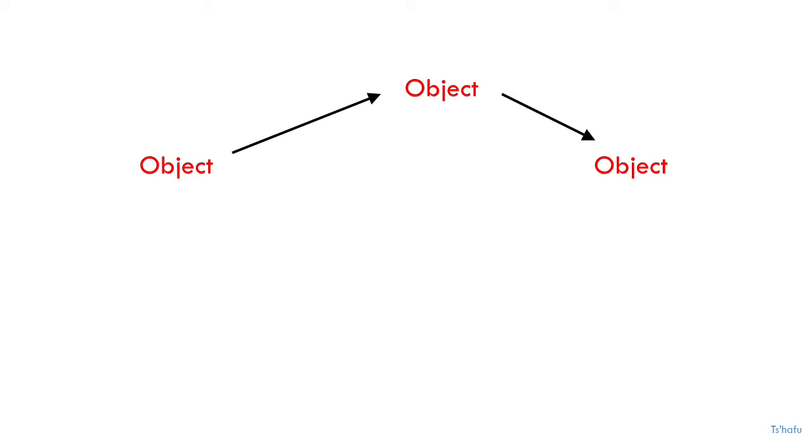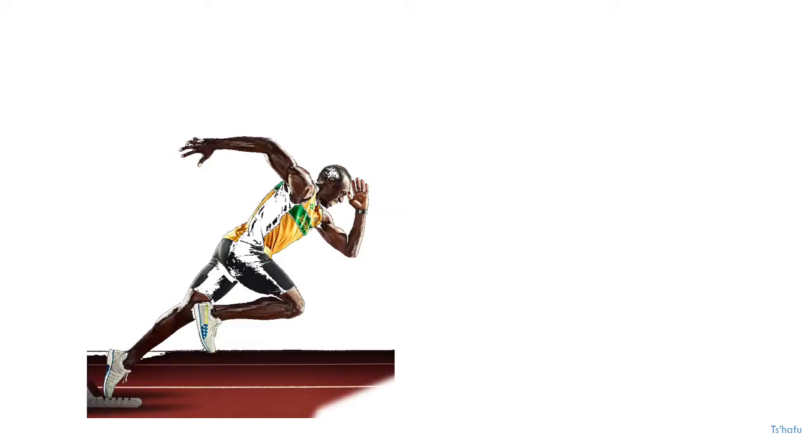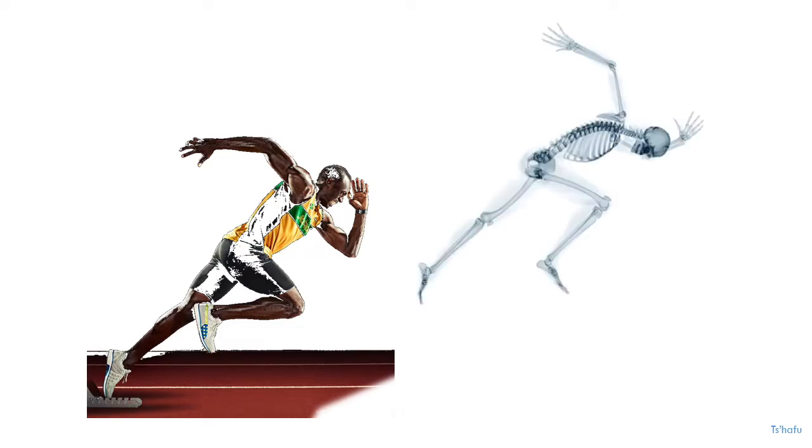But let's start with this right here. You have a sprinter, posture, getting ready to run. Of course, you can see muscles are firing, top shape, ready to go. But what we see on the surface is the muscles, the organs, everything. If we had an X-ray, what would we see? Well, this right here: the skeleton.